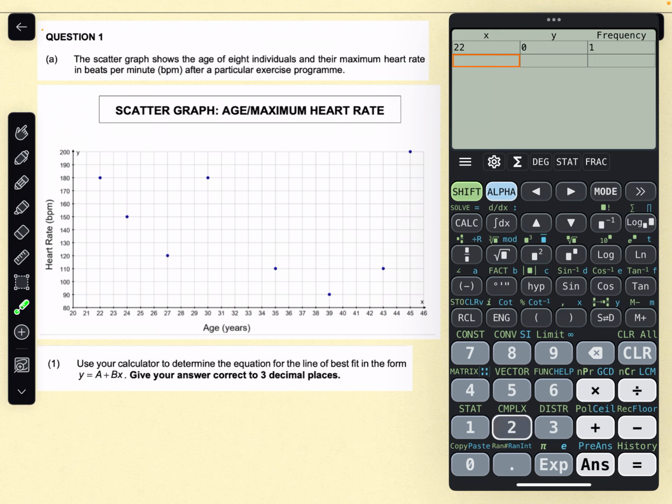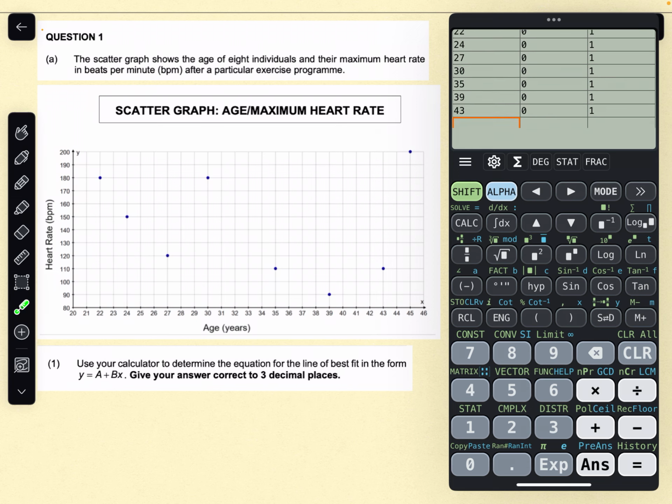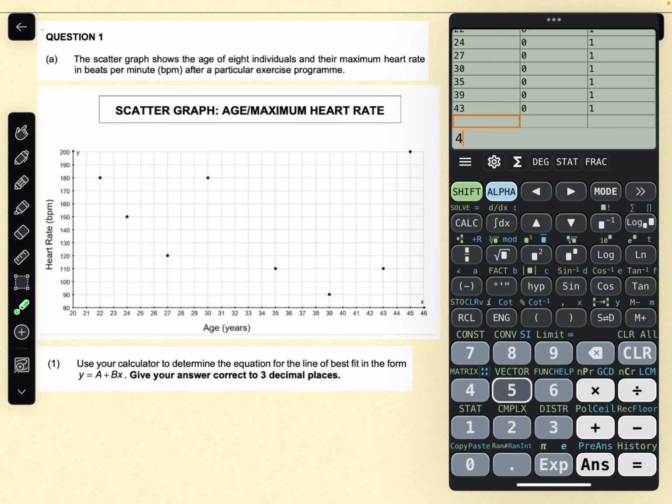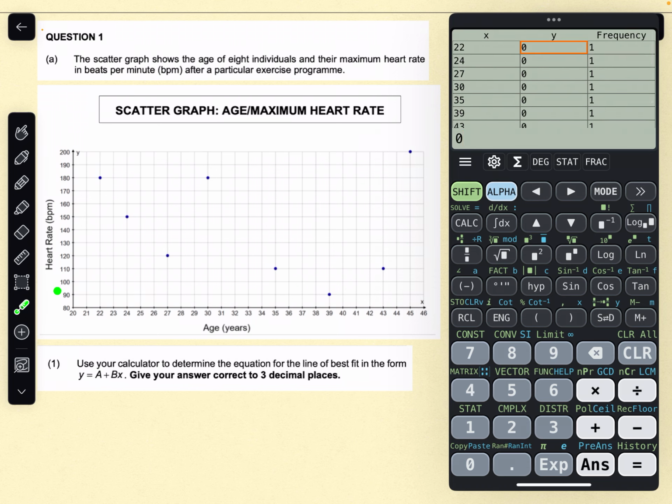This one is age 24. This one is age 27, 30, 35, 39, 43, and 45. And then I'll do the y values, so the maximum heart rate.